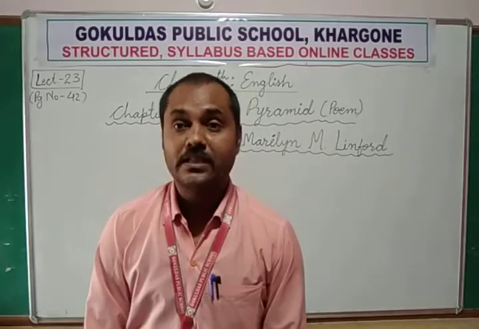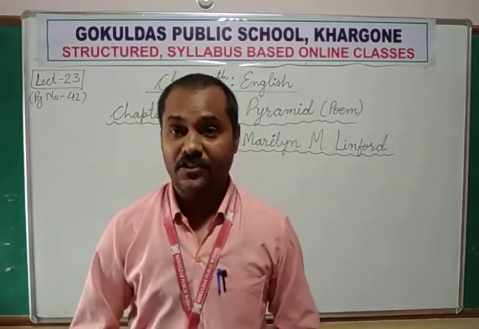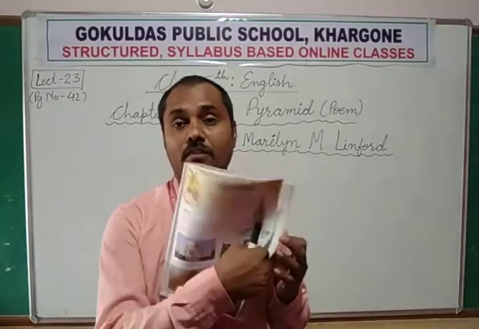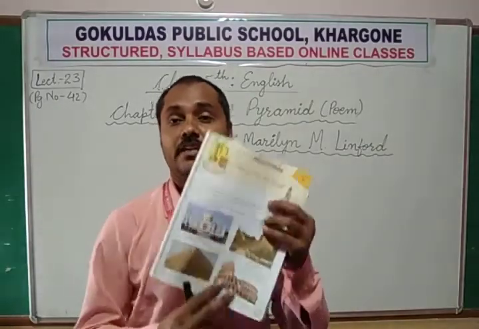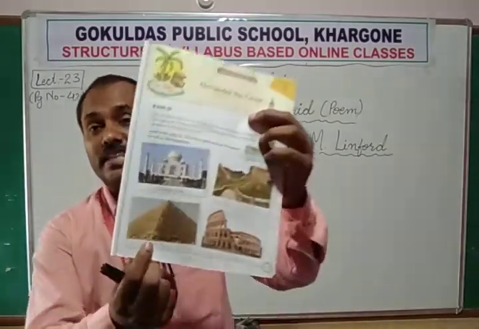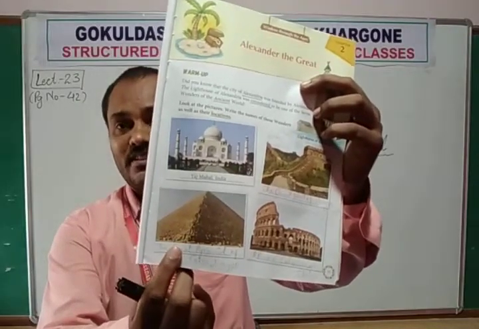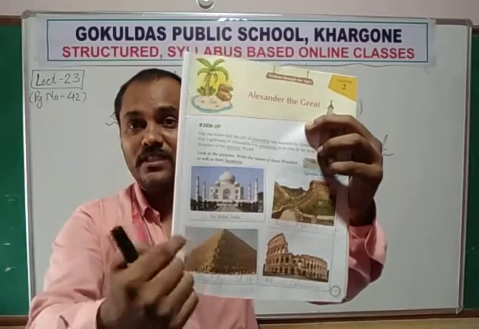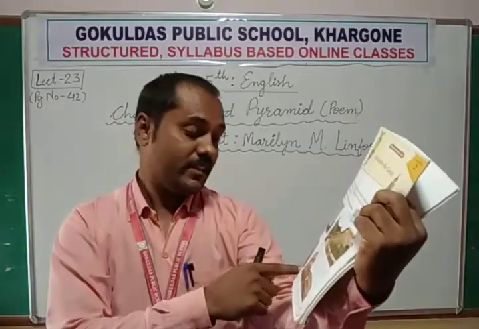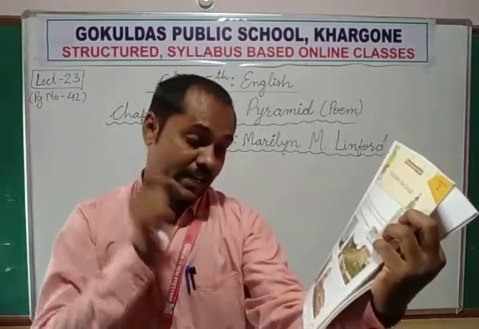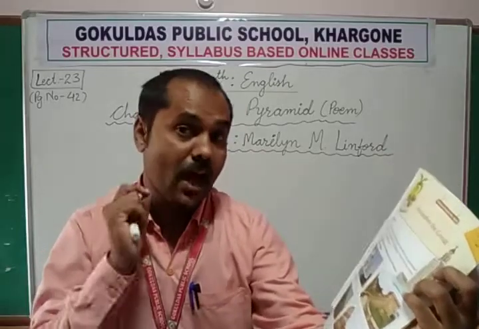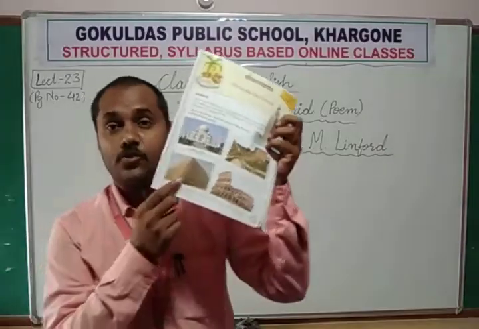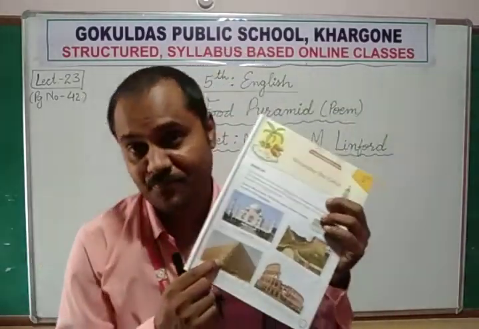If you come to page number 13, and see the structure below the Taj Mahal, what is the name of this structure? It is the Great Pyramid of Giza, which is situated in Egypt.